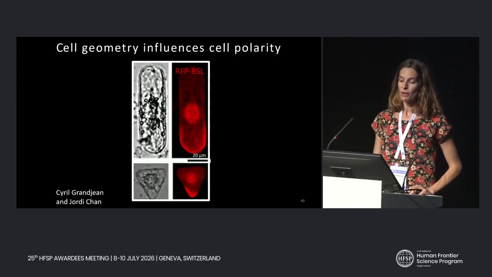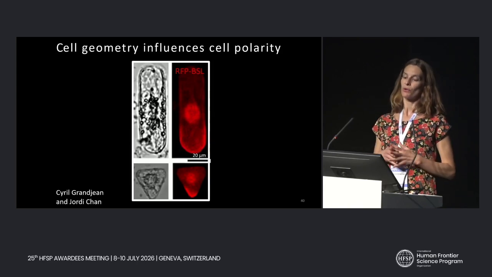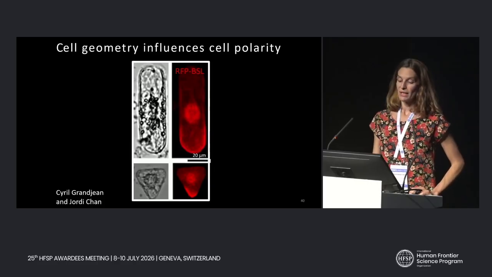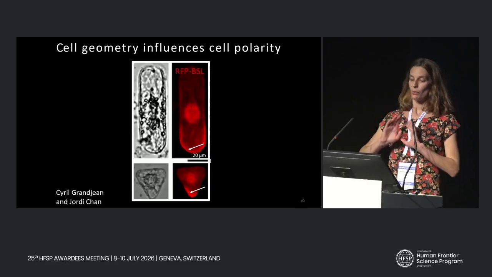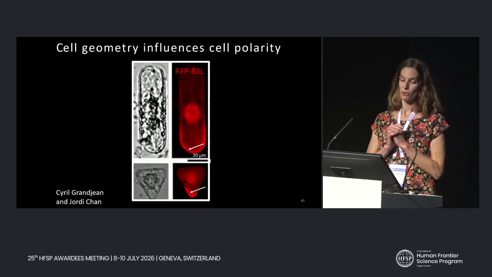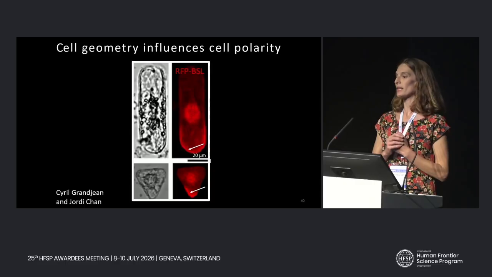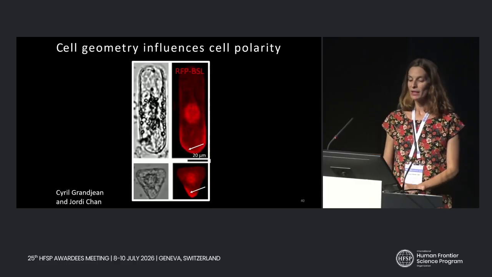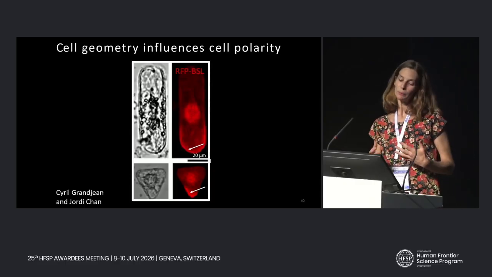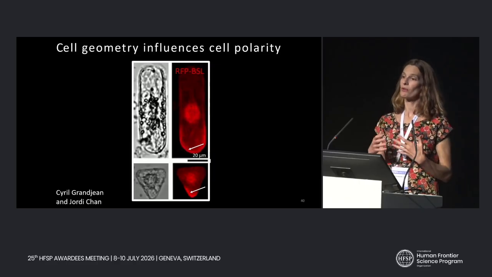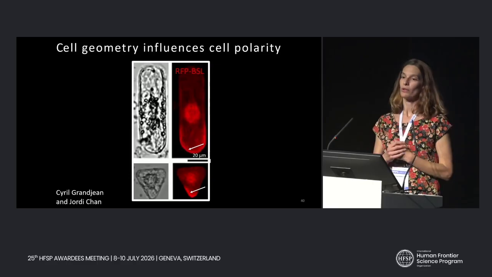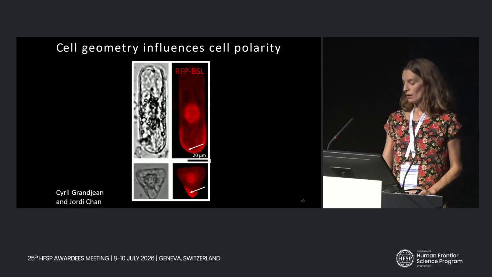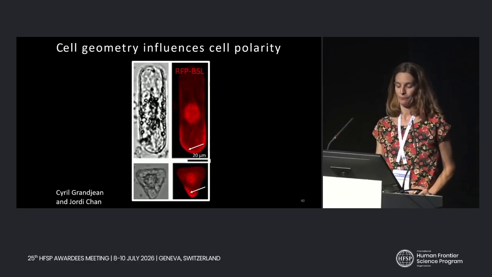As you can see, when we put the cells in different geometries, BASL is located in the more curved area of the shape, where the curvature is higher. We still have to investigate more whether this polarity can be a signal for the fiber organization, like the microtubule organization.